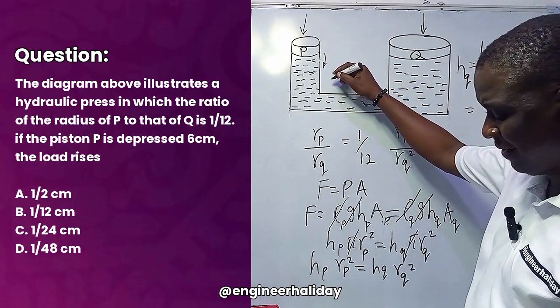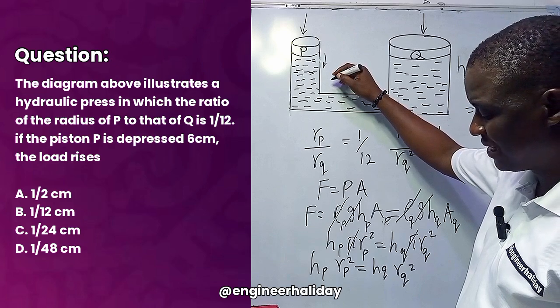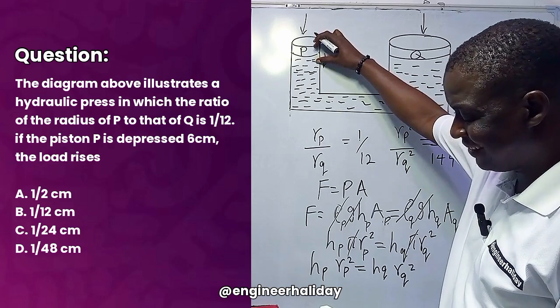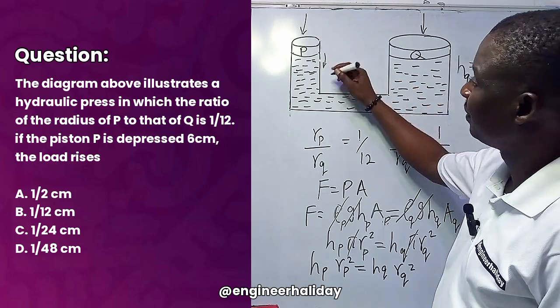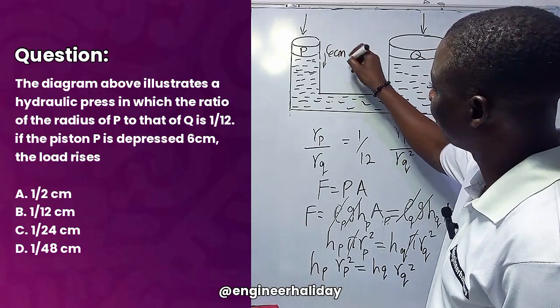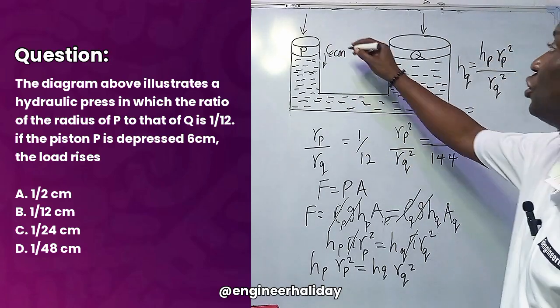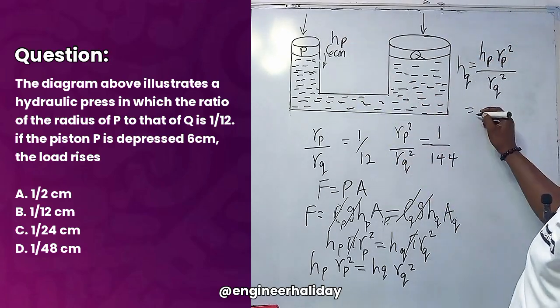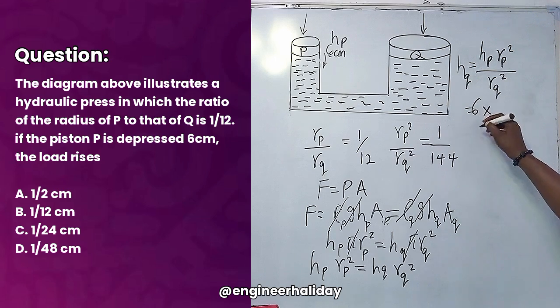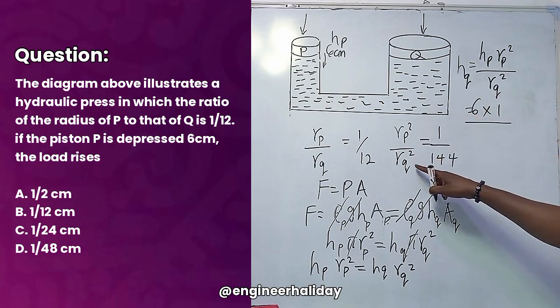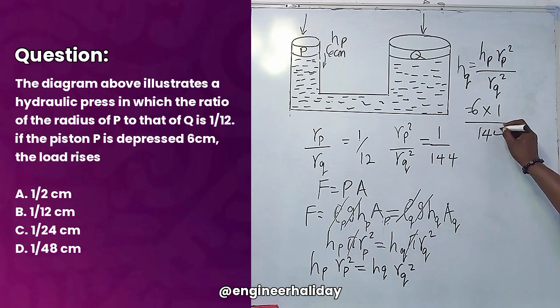According to the question, piston P is depressed 6 centimeter. So the amount you use to depress is your hP. So in that case, hP is 6 times rP square, which is 1, divided by rQ square, which is 144.